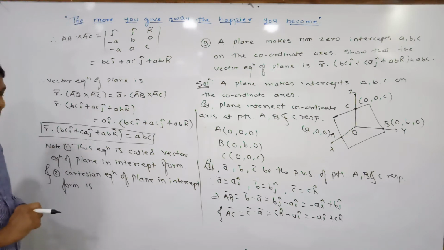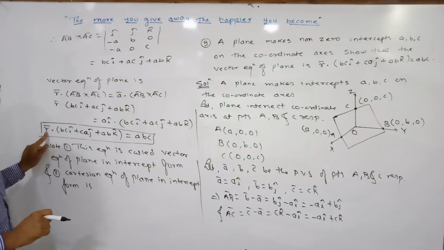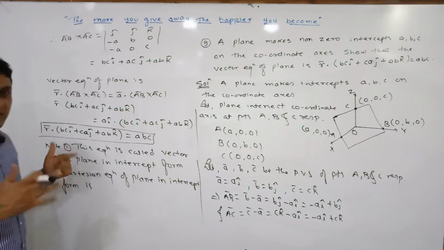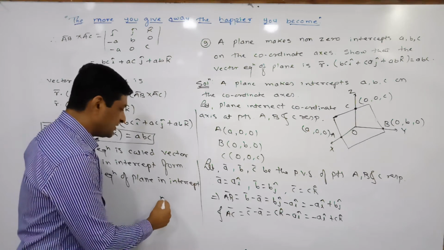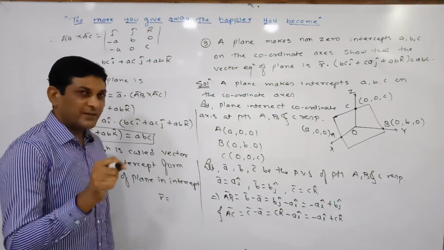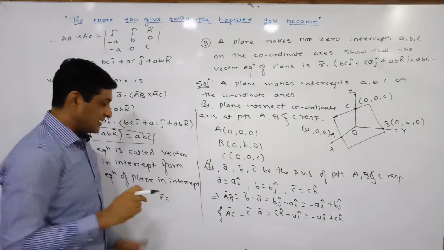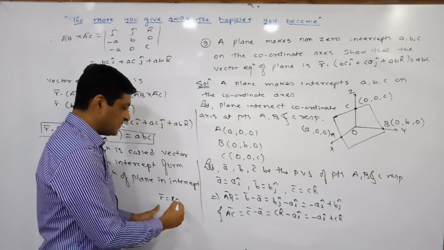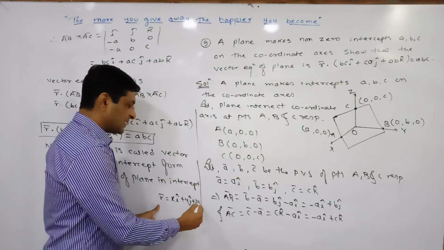Whenever we convert a vector equation into Cartesian equation, we replace r bar. What is r bar? R bar is any point on the plane. If the coordinates of any point are X, Y, Z, then the value of r bar will be equal to xi cap plus yj cap plus zk cap.